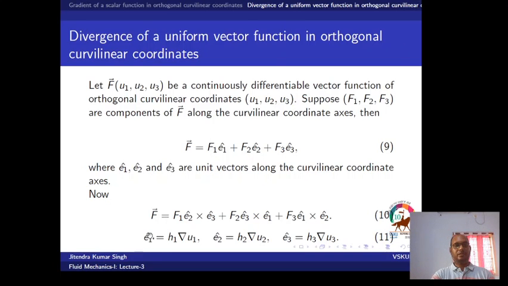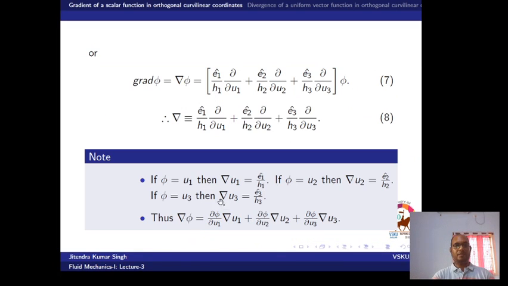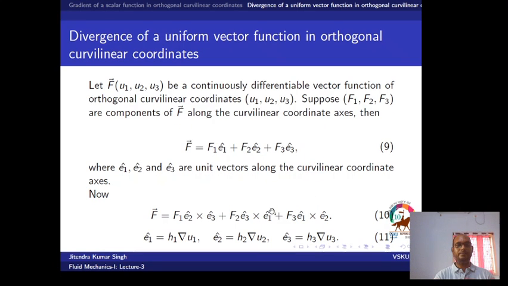Now we have derived that grad u1 is equal to e1 by h1, grad u2 is equal to e2 by h2, and grad u3 is e3 by h3. So from here we can get unit vector e1 is h1 grad u1, unit vector e2 is h2 grad u2, and unit vector e3 is h3 grad u3.